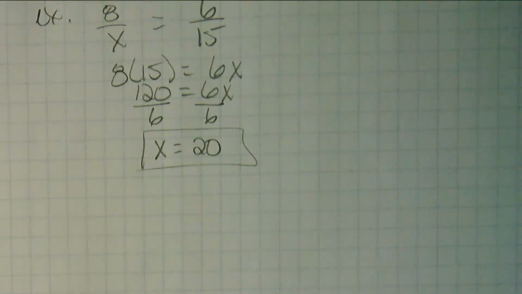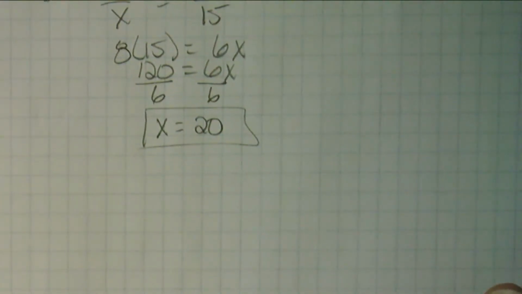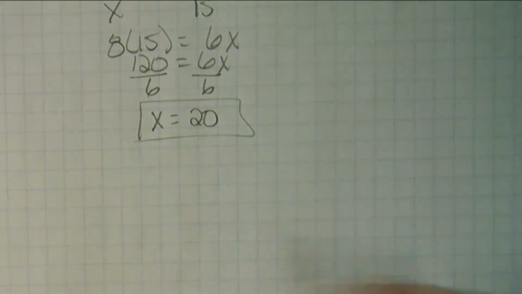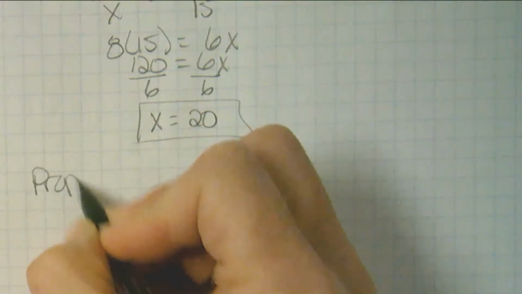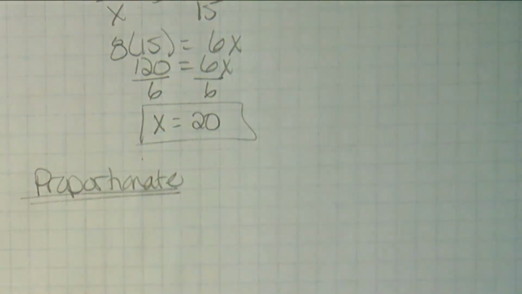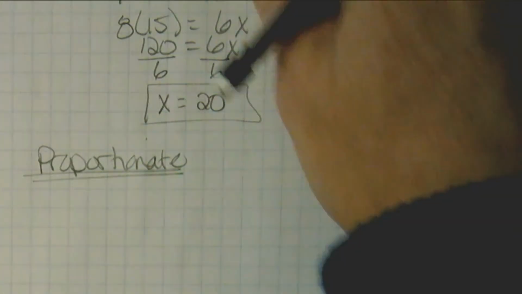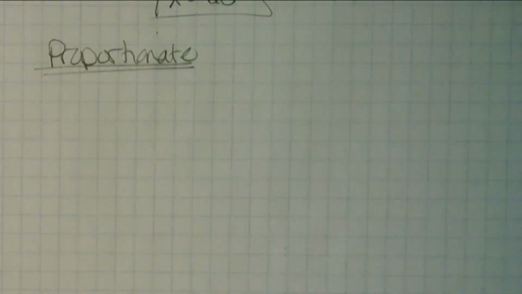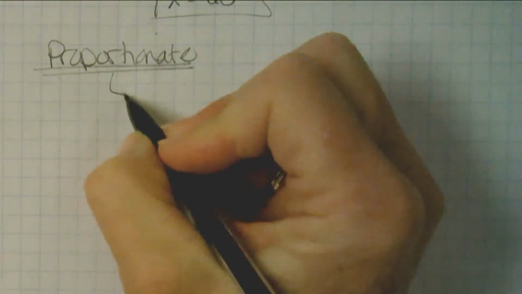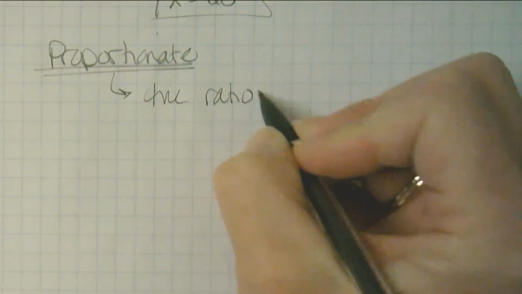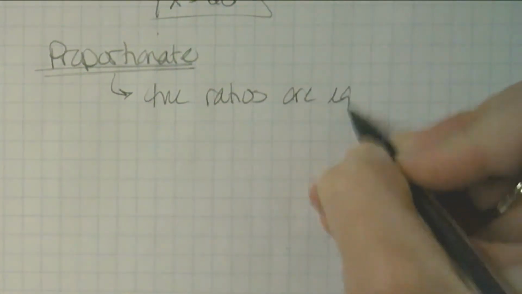Okay. This is a little bit out of order, but I'm going to forget to say this to you if I don't say it now. The word proportionate: if somebody says to you, prove that this information is proportionate to that information, proportionate means that the ratios are equal to each other.